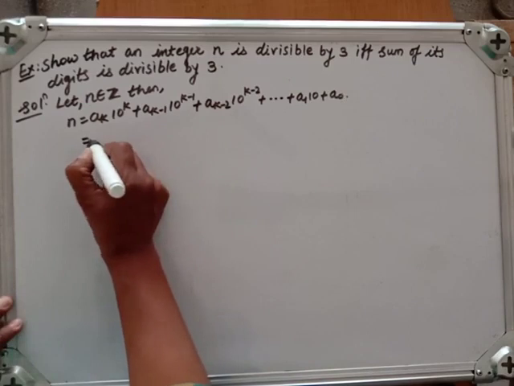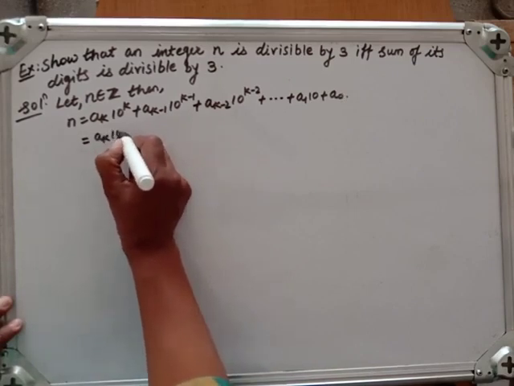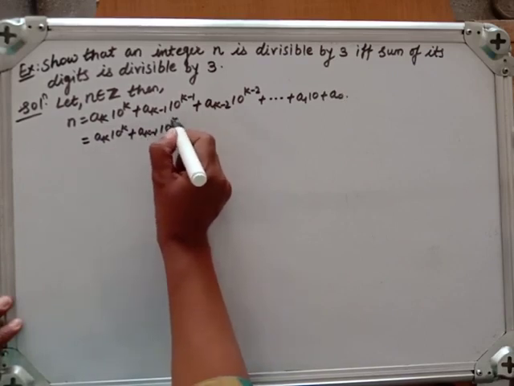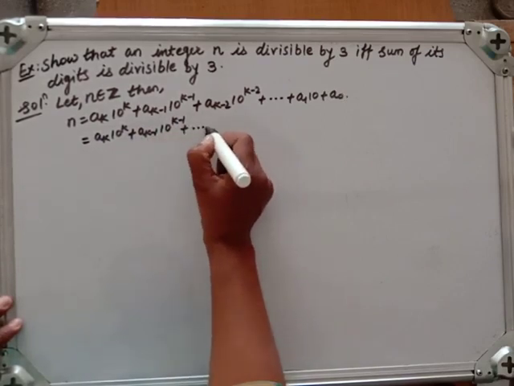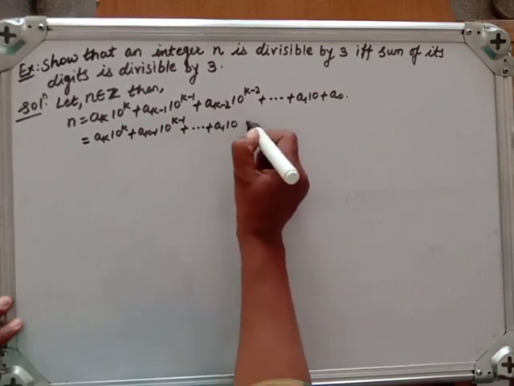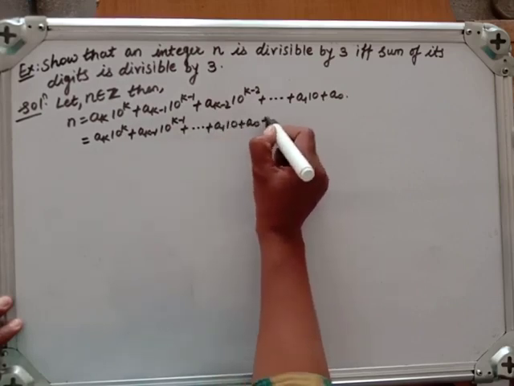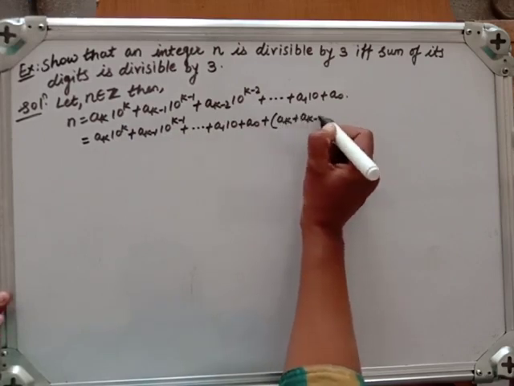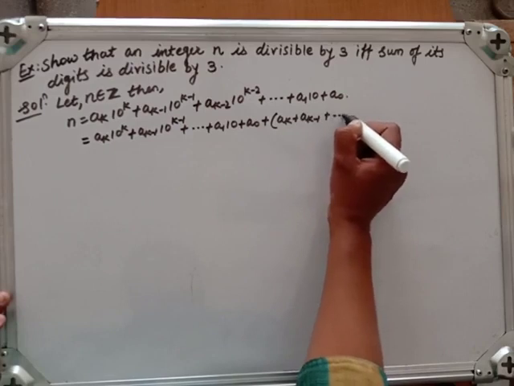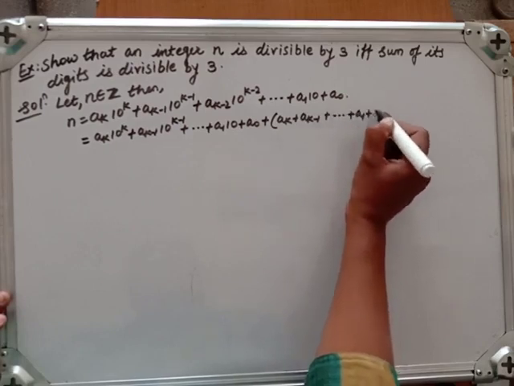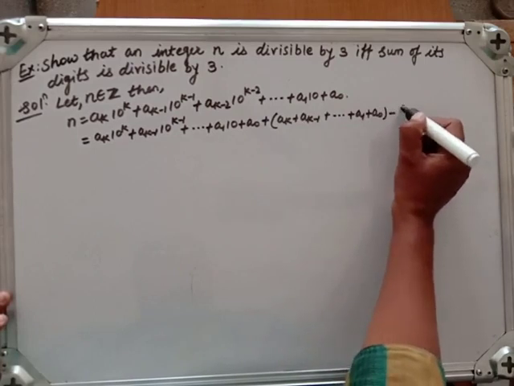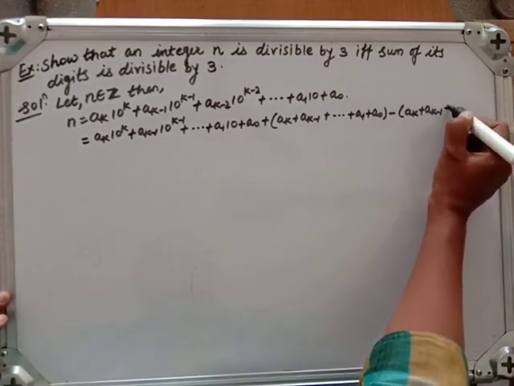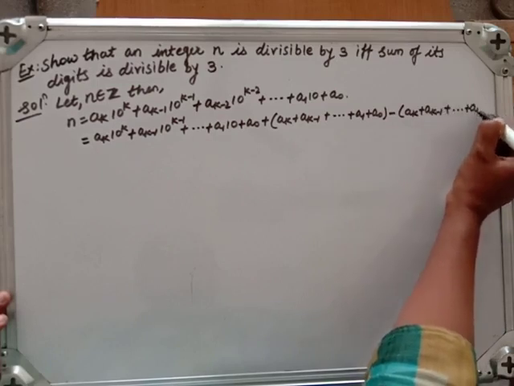It can be written as ak 10 raised to k plus ak minus 1 10 raised to k minus 1 plus so on plus a1 into 10 plus a naught plus (ak plus ak minus 1 plus so on up to a1 plus a naught) minus (ak plus ak minus 1 plus so on plus a1 plus a0).